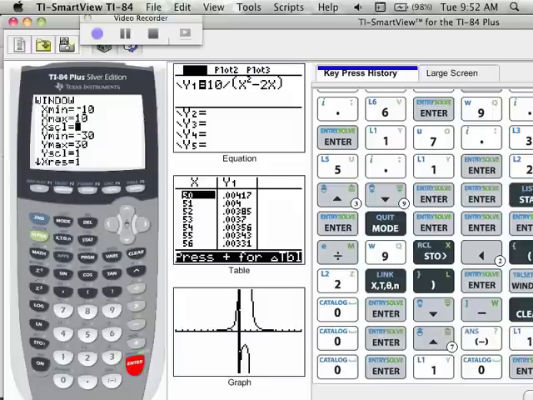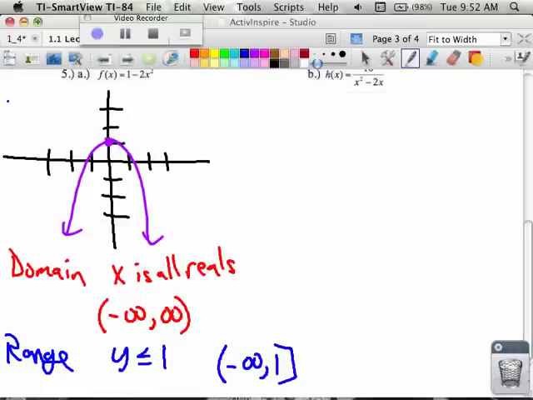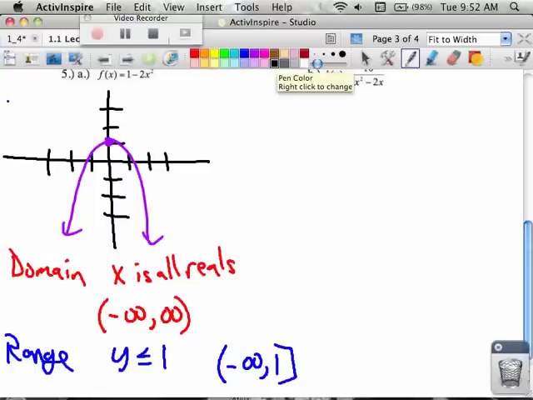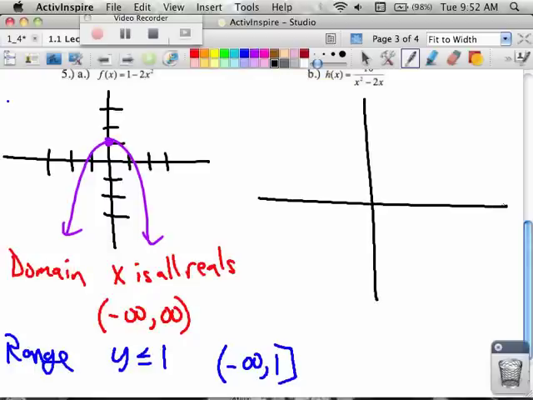I'm going to hide this for a second, and I'm going to draw this picture to the best of my ability on the whiteboard. Here's my graph. And it looks like when I graph this thing, that part of my graph looks like this.